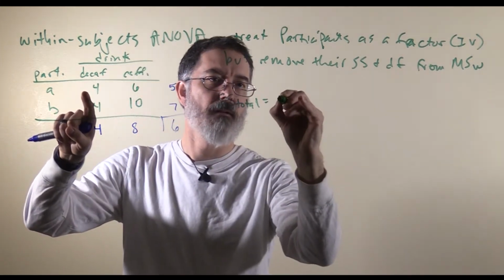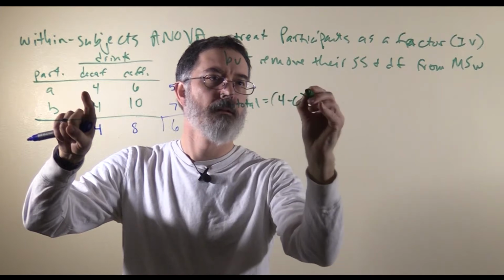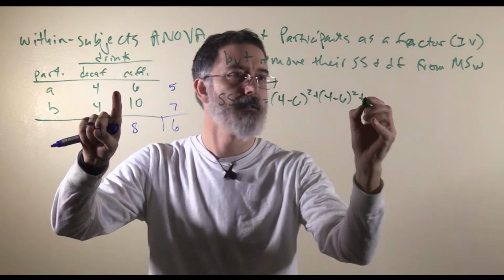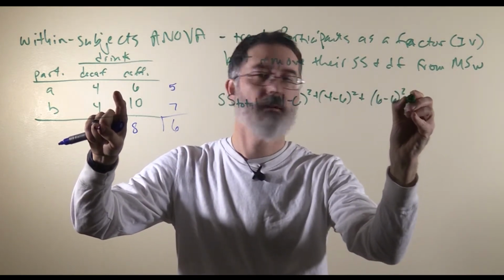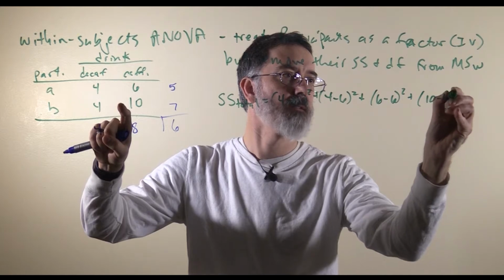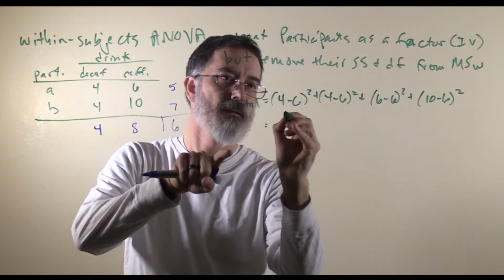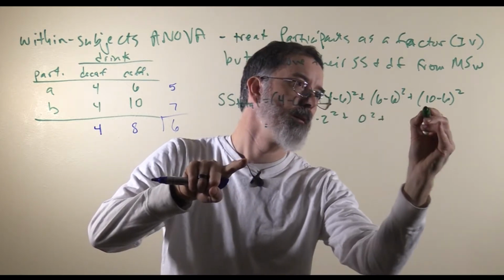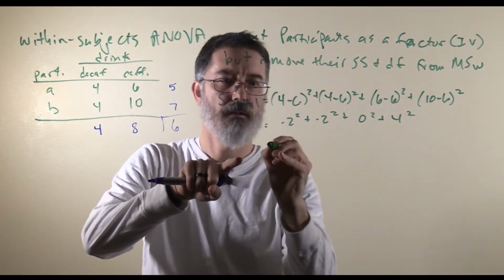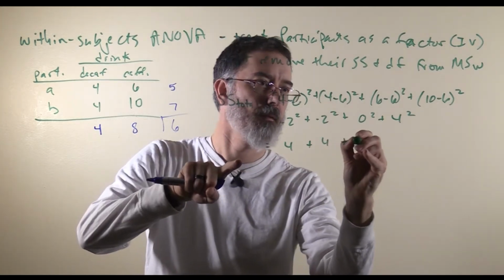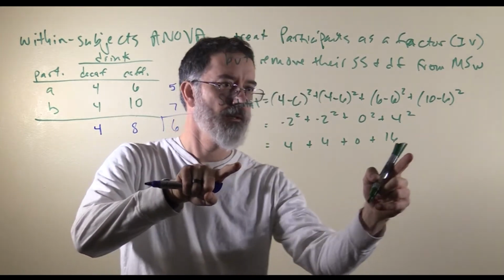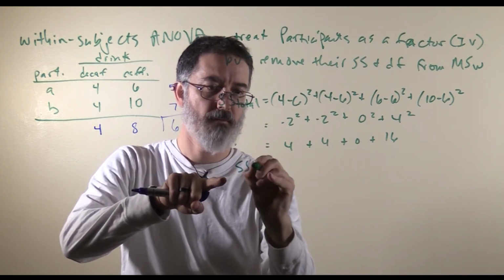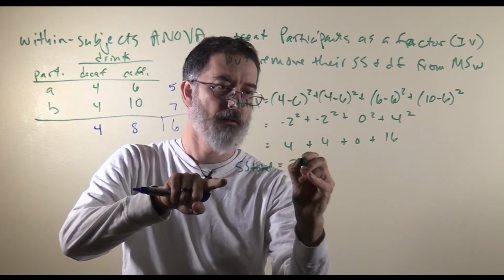So here we have 4 minus 6 squared plus 4 minus 6 squared plus 6 minus 6 squared plus 10 minus 6 squared: negative 2 squared plus negative 2 squared plus 0 squared plus 4 squared, 4 plus 4 plus 0 plus 16, and that's going to be 24. So our sums of squares total is going to be 24.